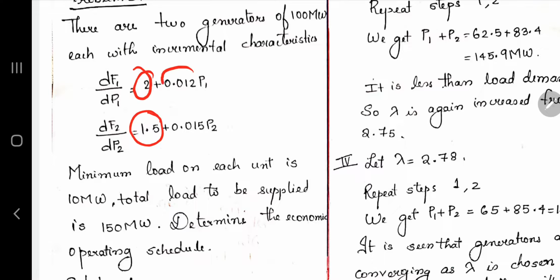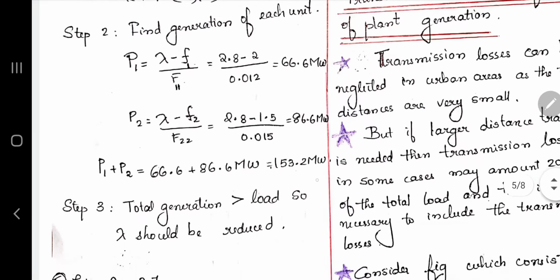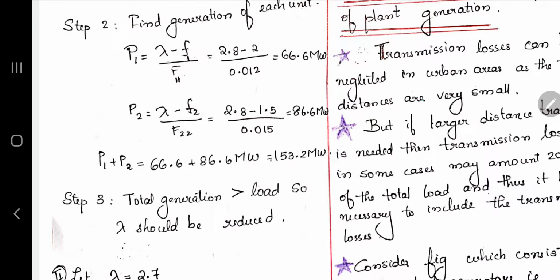So this will be F11 and this will be F22. The small letter F1 and F2 are the intercepts. Using this we can substitute and find the generation of the first unit and the second unit. Now we have to add both units to check whether it is meeting the load demand or not.